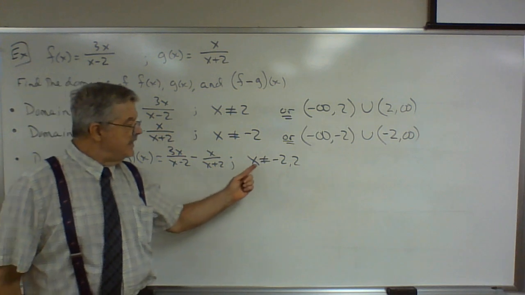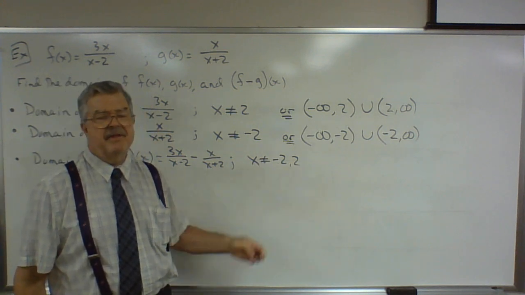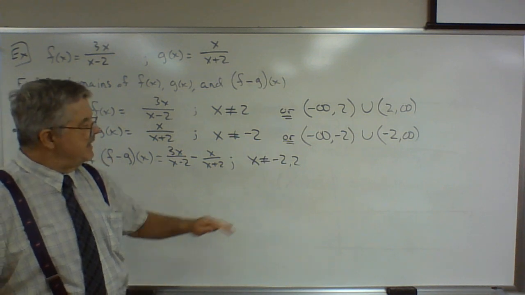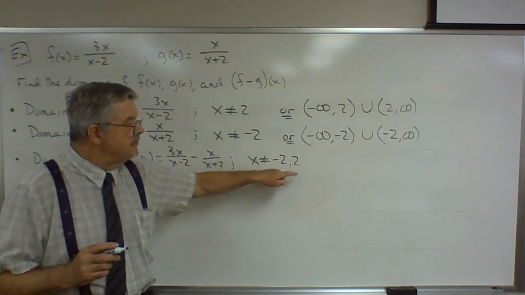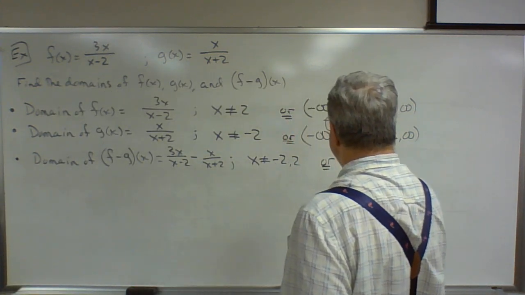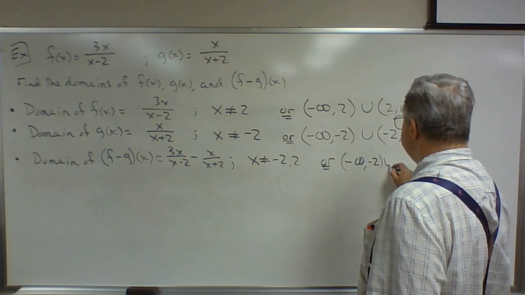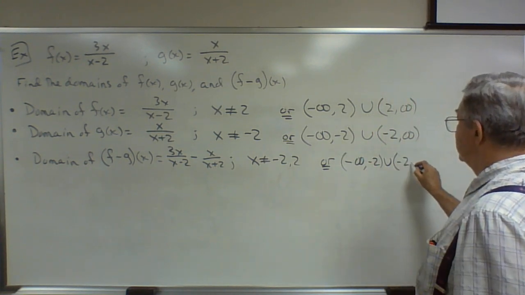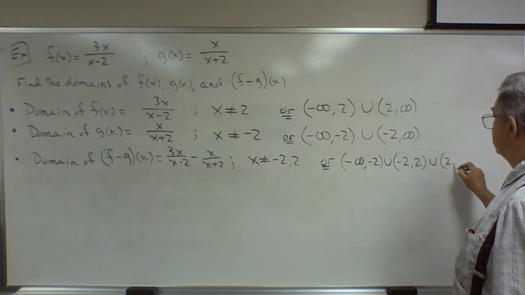So by saying that x can't be -2 and x can't be +2, we're also saying that x can be anything but these two values. Or we could write it this way. The interval from -infinity to -2, -2 to +2, the interval from 2 to infinity.